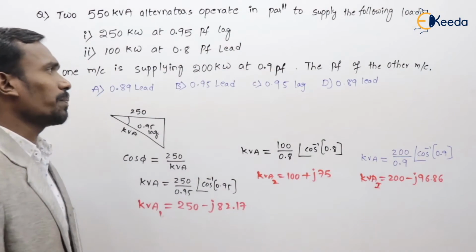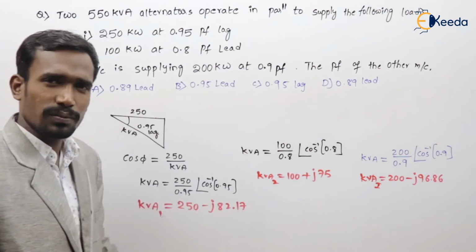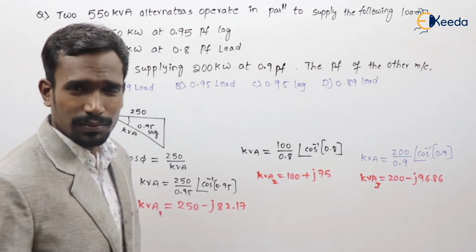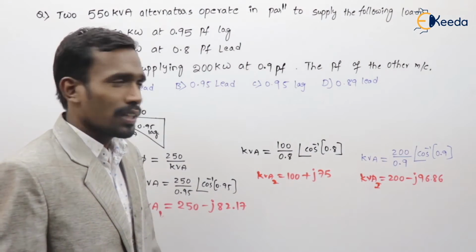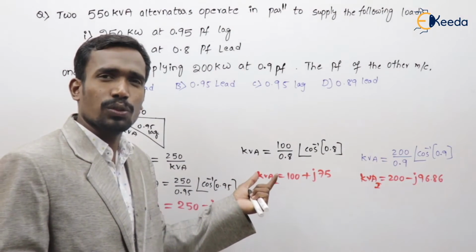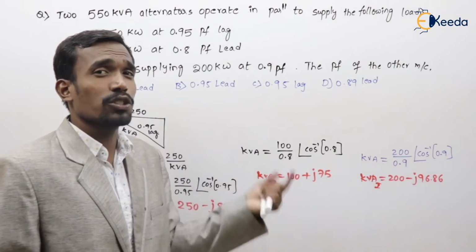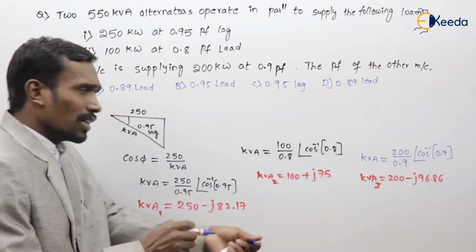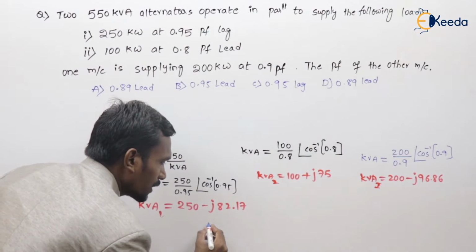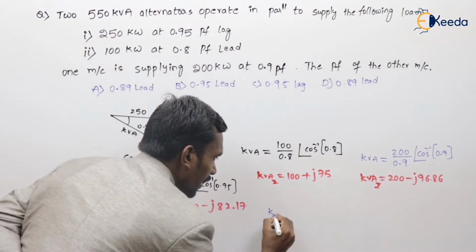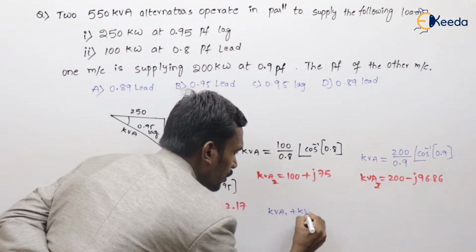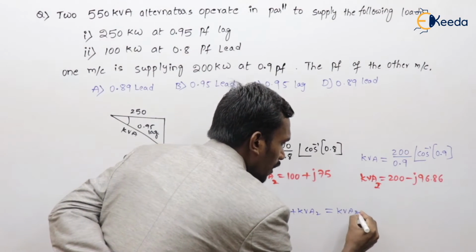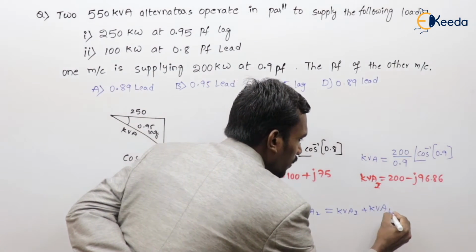Then what is the load supplied by the second machine? According to the power conservation law, the load should be equal to the supply. Demand should be equal to supply, right? According to that law, kVA 1 plus kVA 2 of the supply should be equal to the load of the first one plus the load shared by the second one.